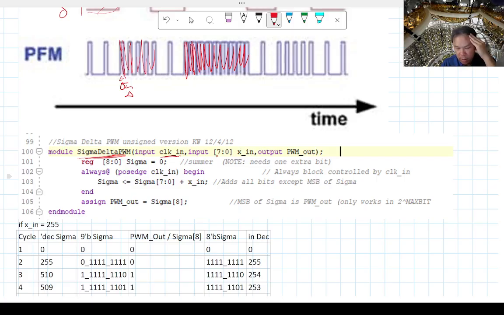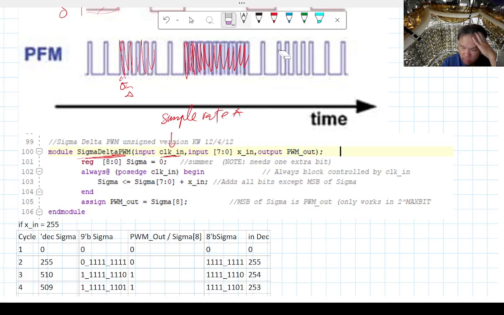You have your clock in, which is basically how often you can change the output of your pulse width modulation to be high or low. So this will be whatever your sampling rate is times 2 to the number of bits.